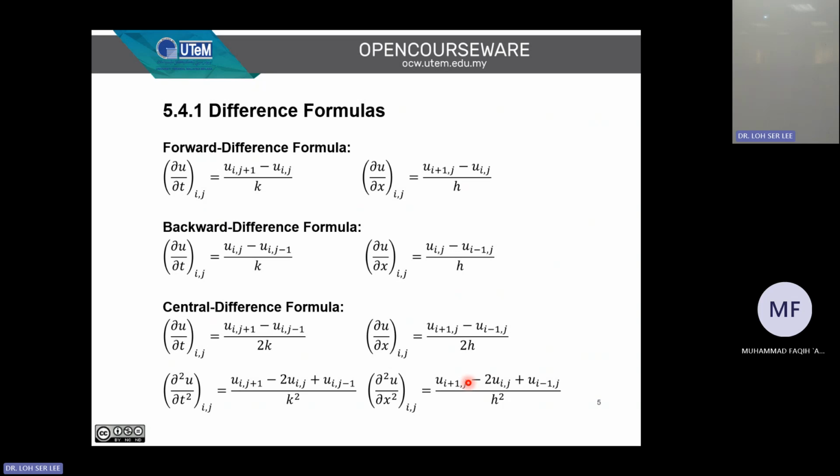These are the formulas that you are going to use for the finite difference method, and the formulas will be given in the appendix. You have to know how to choose which one to use for your model.